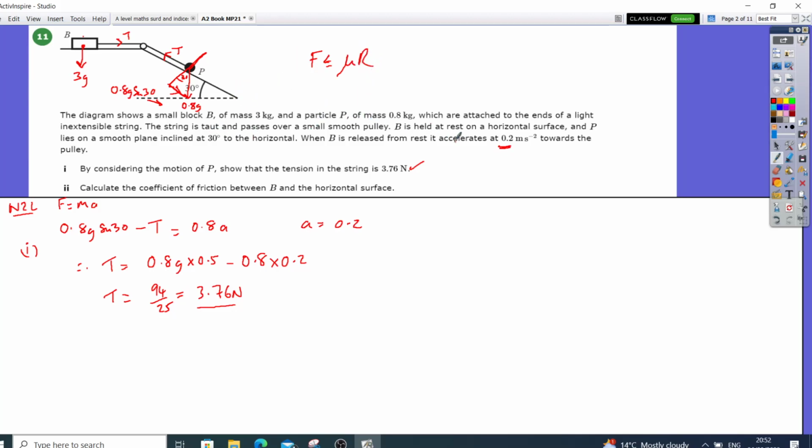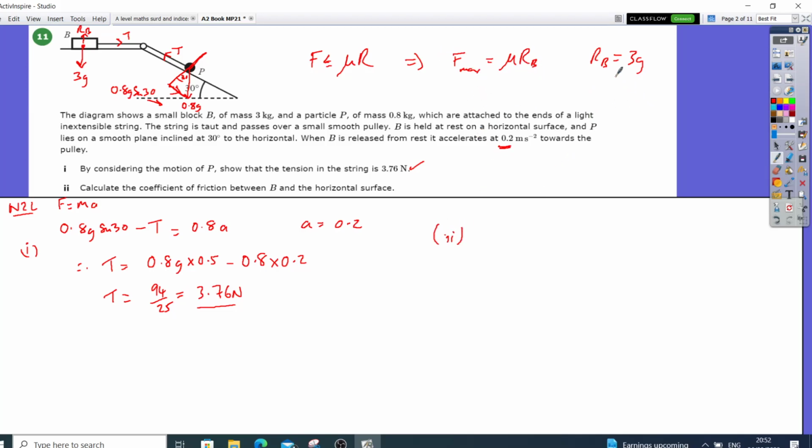However, because B starts accelerating and is in motion, friction is at its maximum, mu times R. I'm going to call it RB, the reaction from the surface. Because there's nothing else acting on it, RB is equal to 3g.